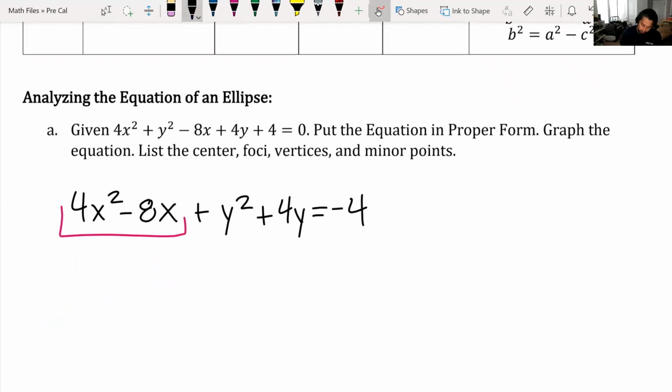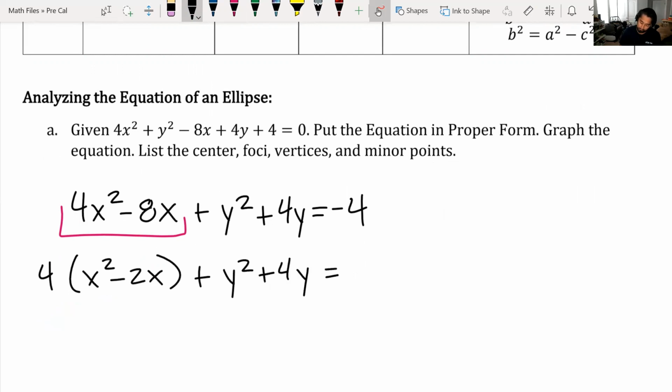So we're going to get 4 times x squared minus 2x plus y squared plus 4y equal to negative 4. Okay, which means we are now ready to complete the square because the leading coefficient of the x's is now 1.